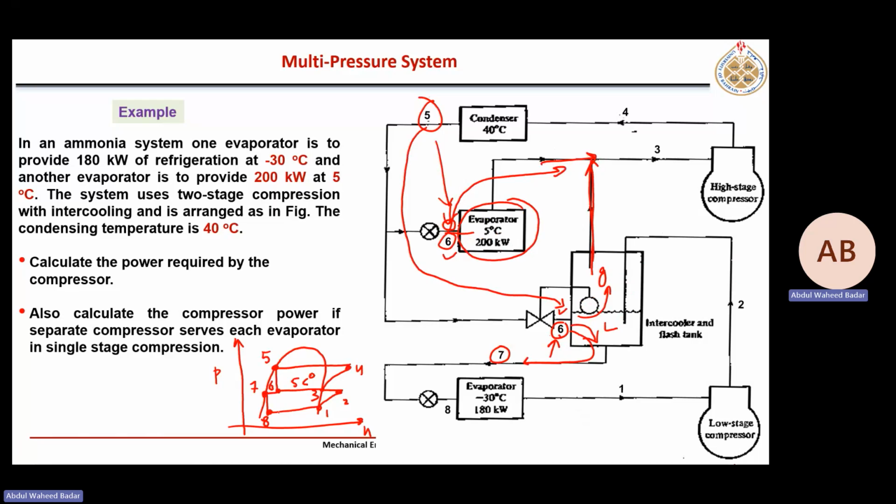So the lowest temperature evaporator is -30. Condenser temperature is given as 40. All these temperatures are within the dome. Within the dome, when the phase is changing, here temperature is -30, here temperature is 5, here temperature is 40.